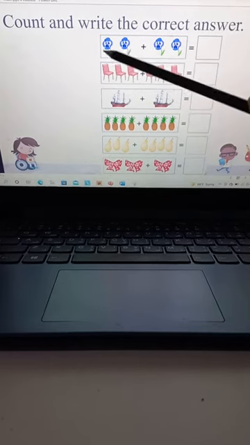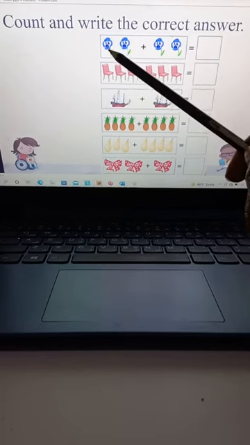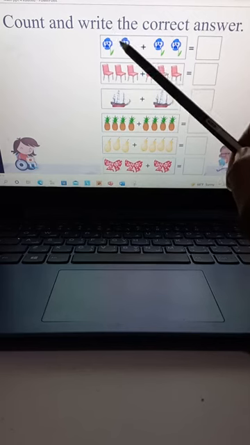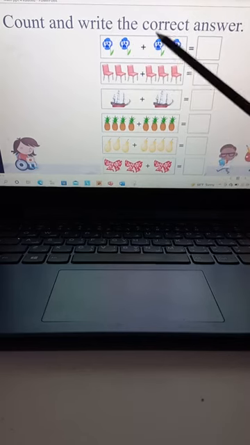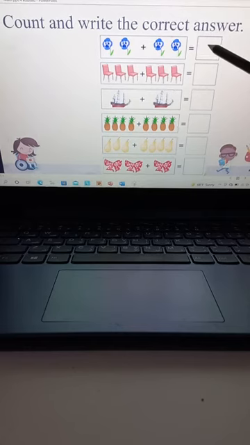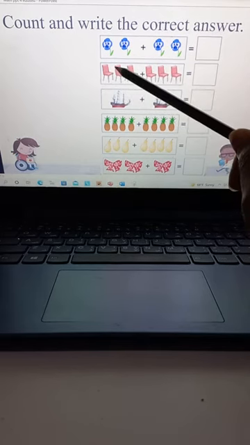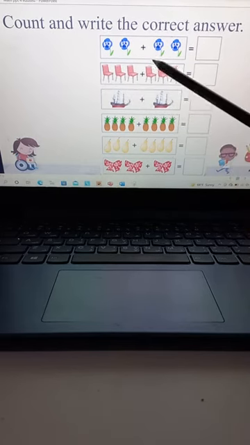Okay, so let's count the first one. Let's count the flowers. Everyone, I want you to count with me. 1, 2, 3, 4. So what are we going to write here? We are going to write the number 4. Okay, let's count the chairs. 1, 2, 3, 4, 5, 6.